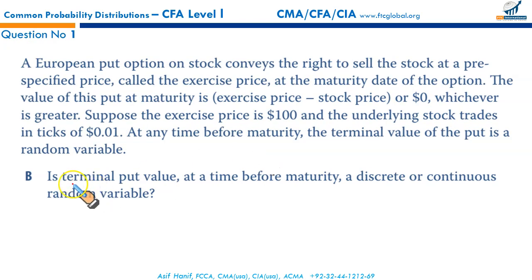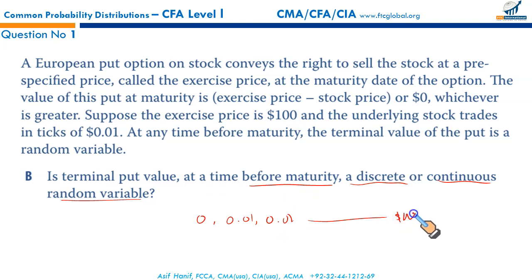Next, is terminal put value from 0 to 100 at a time before maturity a discrete or a continuous random variable? Since it can assume just a combination of these numbers up to 100, they are a set of discrete numbers. There is no other possibility other than this. A continuous random variable can assume any number. For a continuous random variable, we cannot specify the nearest value.